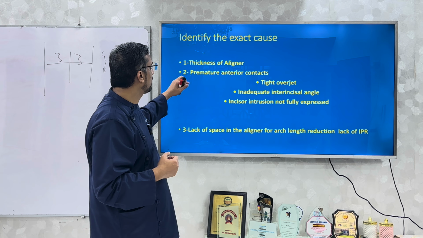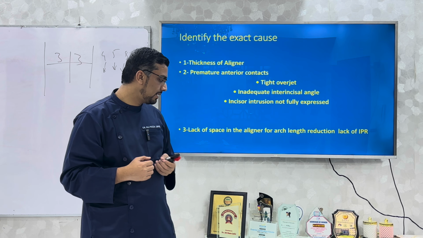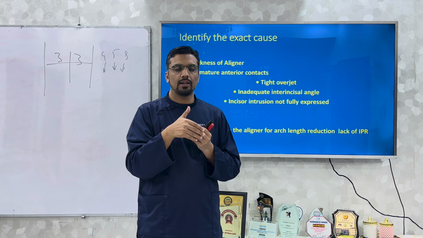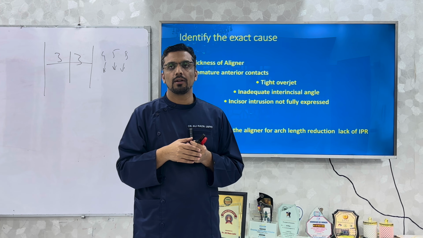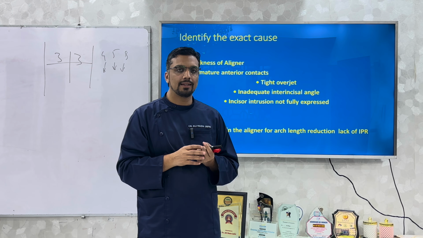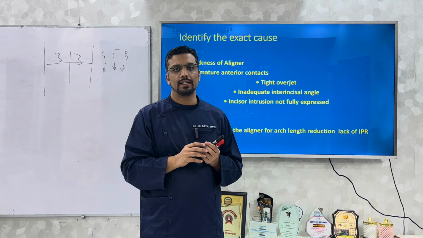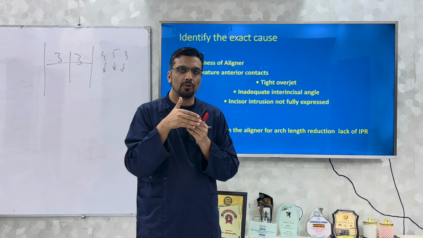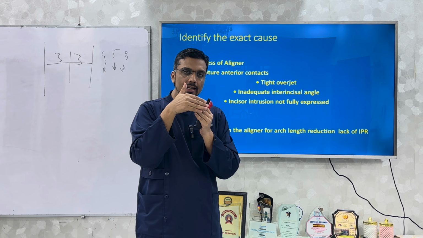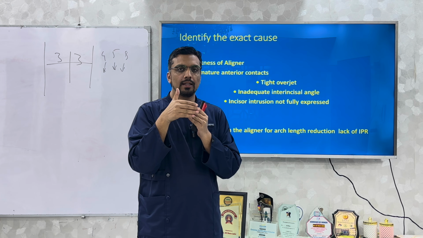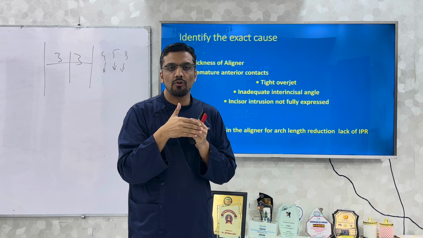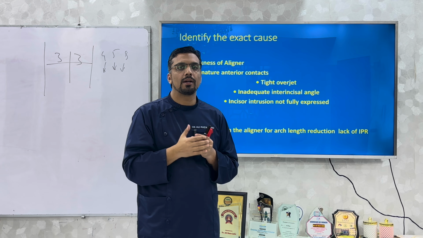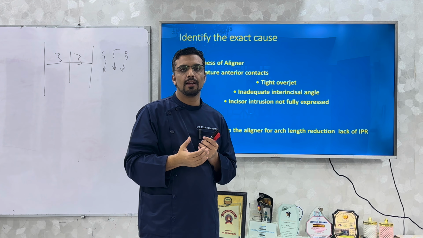The second cause is premature anterior contact, when the aligner is correcting the overjet. While correcting the overjet, there is quite a likely possibility that the upper teeth will start hitting the lower teeth. Because of the anterior tight contact or the very small overjet, the posterior teeth will not be occluding nicely.